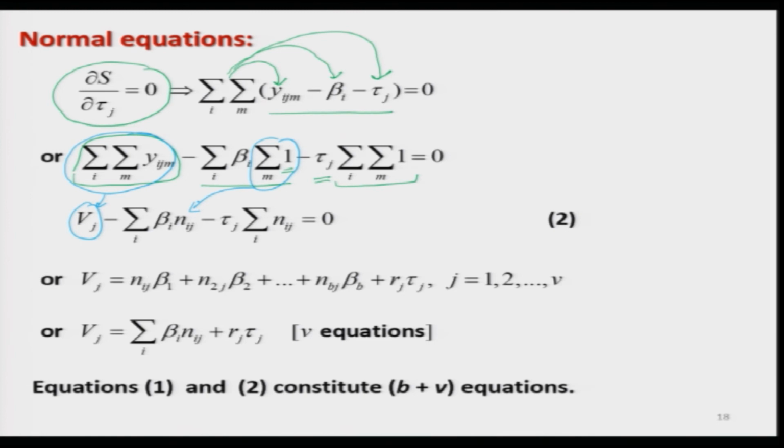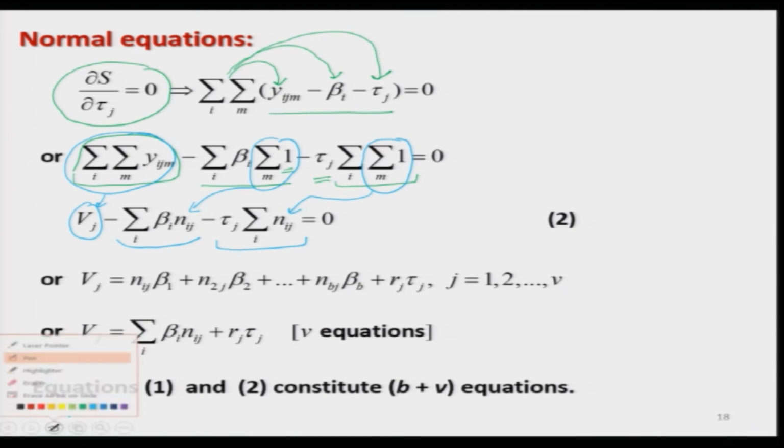So our symbol was N_ij. This term becomes summation over i of beta_i N_ij, and similarly if you take the summation over m with respect to 1, that is again going to be N_ij. So this term becomes tau_j into summation over i of N_ij.